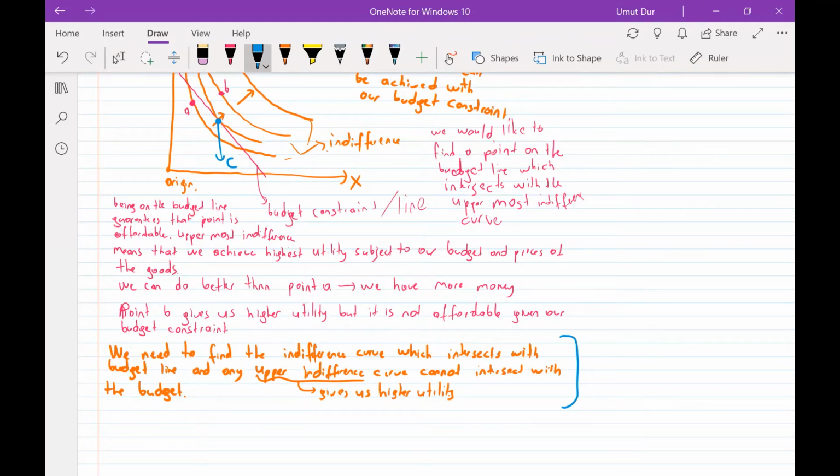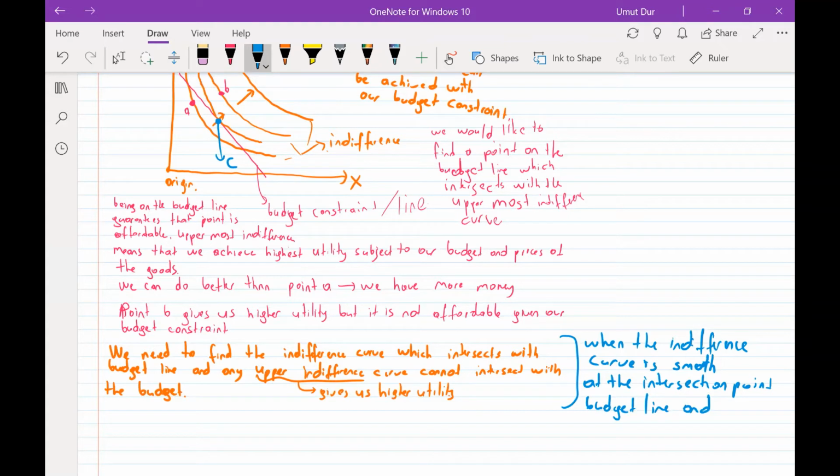at that intersection point, when the indifference curve is smooth at the intersection point, the budget line and indifference curve are tangent to each other.